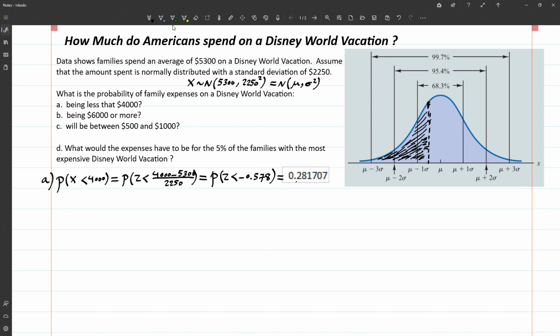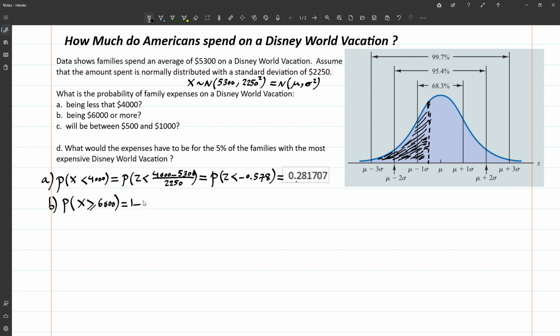What about the answer for part B? In part B, we are asking what is the chance that the family expense on a Disney World vacation is $6,000 or more. So we want to compute the probability that the X value is greater than or equal to $6,000.